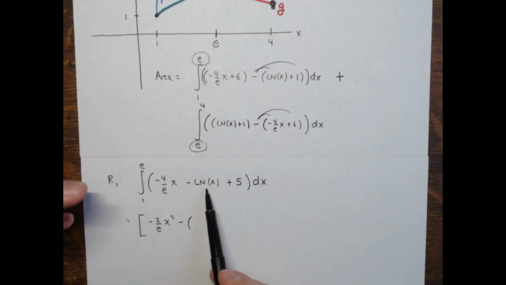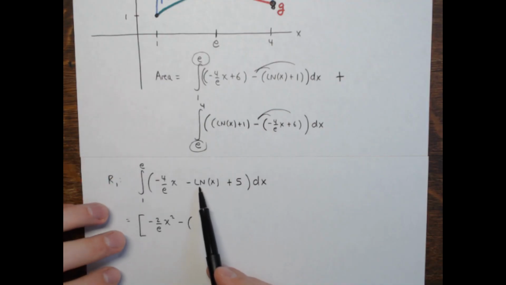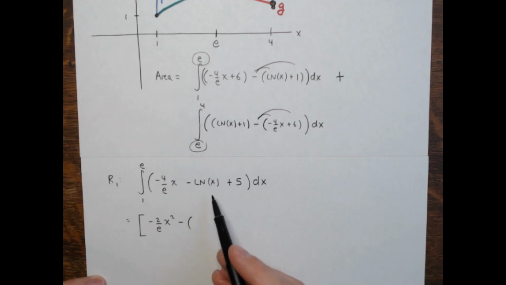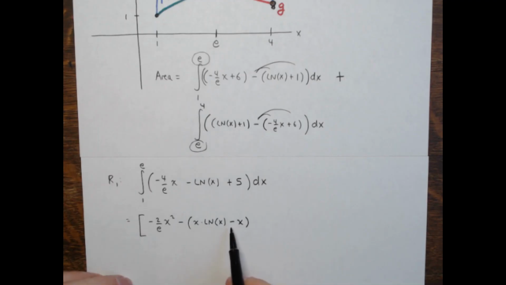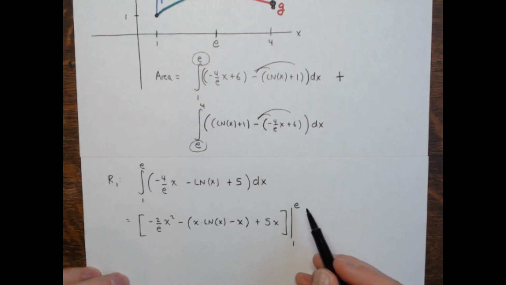This is a Calc 1 course, so usually they're introducing you to the integral of natural log in Calc 2 with integration by parts or whatever, but we were shown the formula in Calc 1 in a video I did called Integrals Involving Exponential and Logarithmic Functions. So remember, the antiderivative of just natural log of x was x times the natural log of x minus x. That whole thing is the basic antiderivative of natural log. And then you got plus 5x. And then we're going from 1 to e.